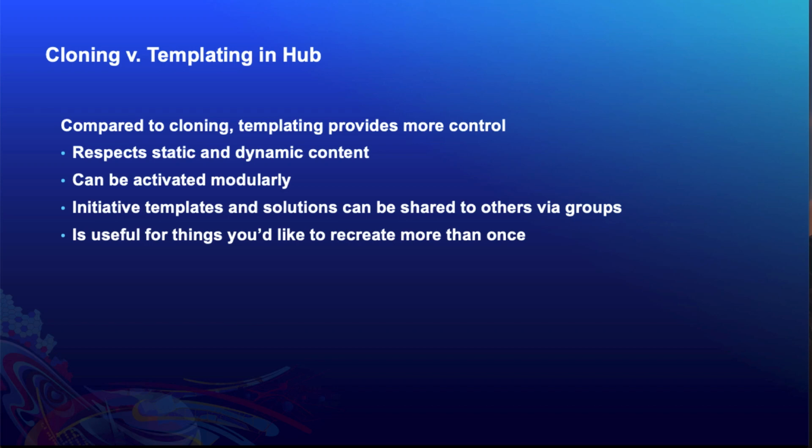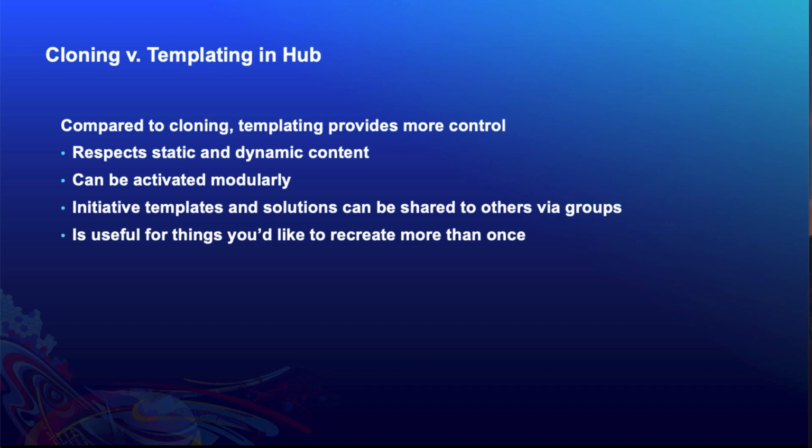Templating, like I mentioned, with included and recommended solutions, can be used by a user and activated modularly. So they don't need to get everything all at once. They can pick and choose which pieces they want and when they want to use them. The sharing workflow is a little bit more straightforward with templating, especially in the Hub UI, because initiative templates and solutions can be shared to others via groups.